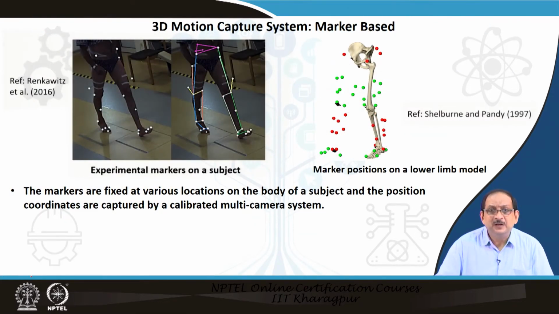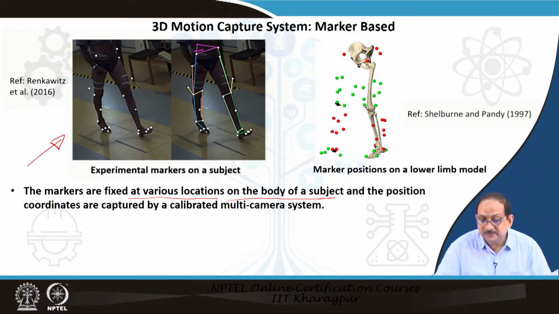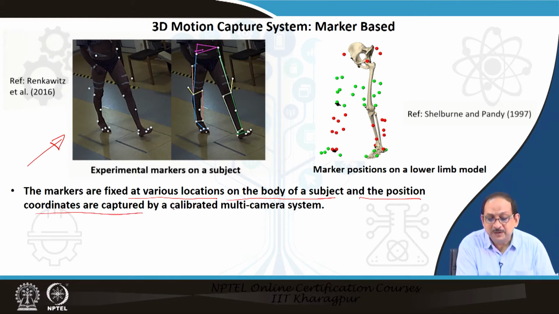Let us discuss a little more in detail about the marker-based motion capture system. The markers are fixed at various locations on the body of a subject as indicated in the figure, and the position coordinates are captured by a calibrated multi-camera system.